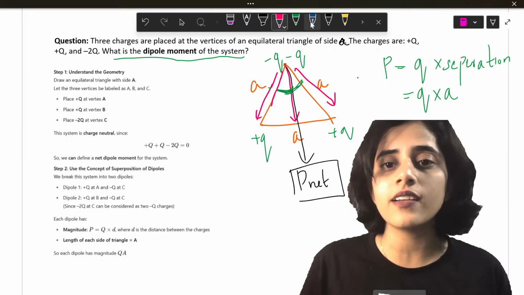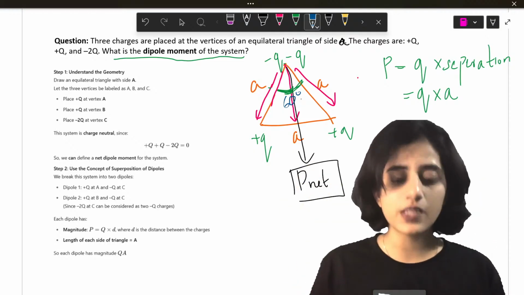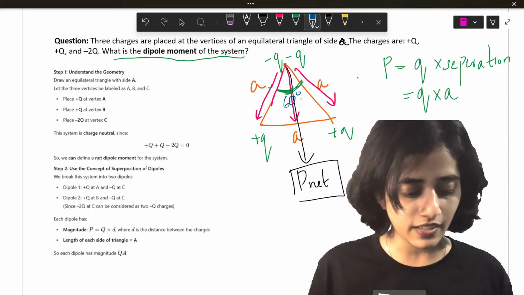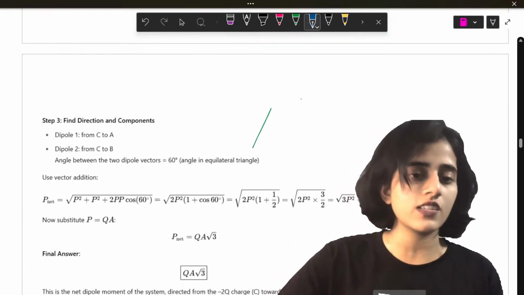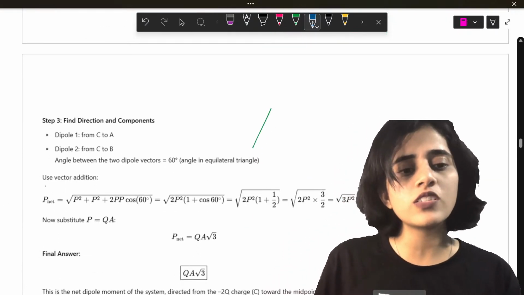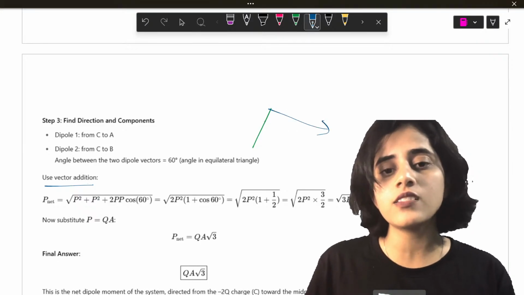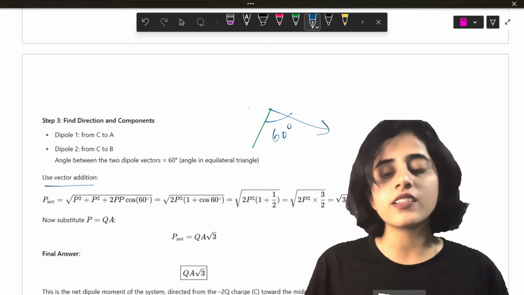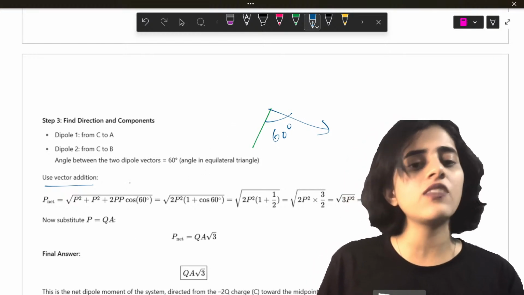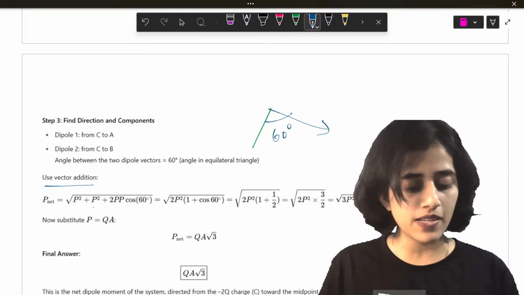Because it's an equilateral triangle, the whole angle should be 60 degrees. So we will just use basic vector addition. You have two vectors at an angle of 60 degrees. How do I find the resultant? The resultant is basically a vector addition: root of P squared plus P squared.